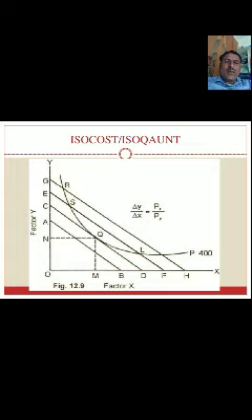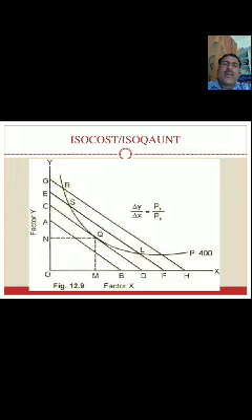For example, the producer's income or budget is 400 rupees. CD is another isocost line, to the right of the previous AB isocost line. The producer changes from the AB line to the CD line because the income is expanded.